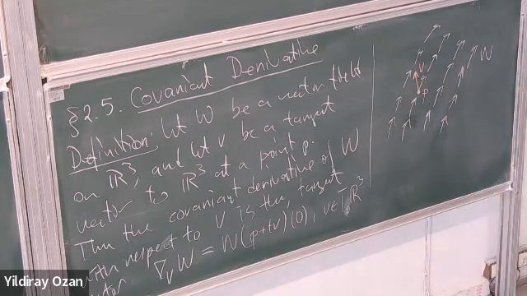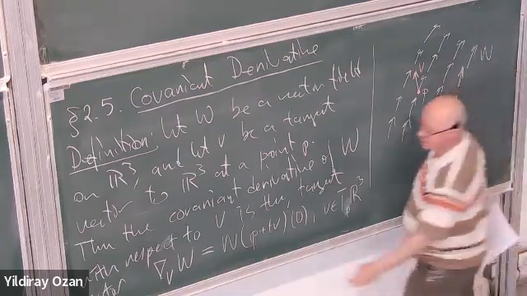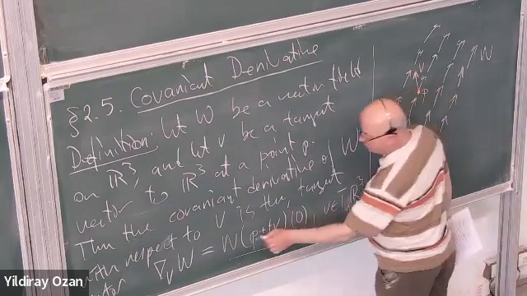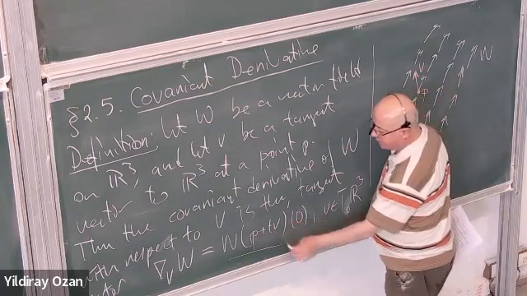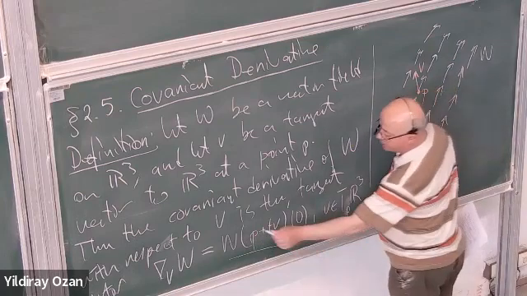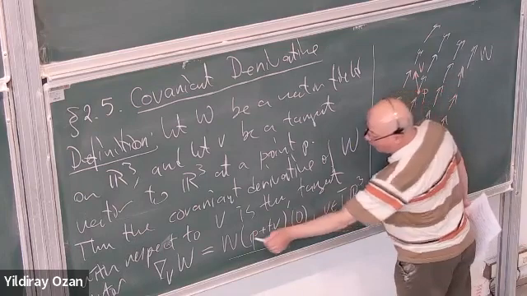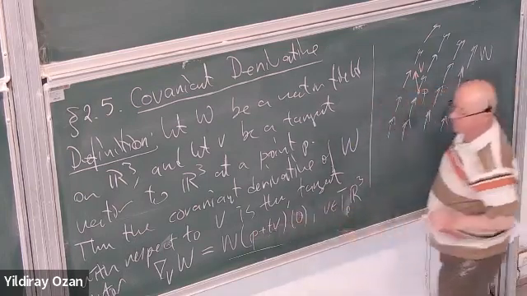So I wonder how W changes at this point in this direction. It is exactly this expression. I am here. What is this? This is the instantaneous change in W at the point P, because when I plug T equals 0, I obtain the point P in the direction of the vector V, right?